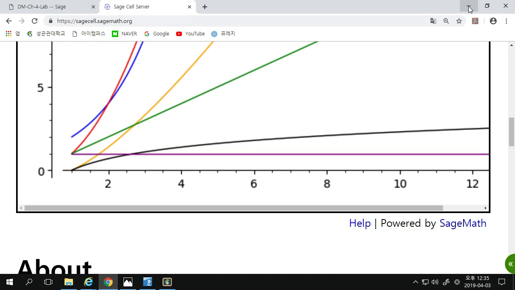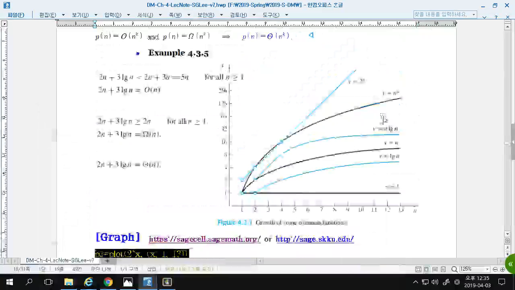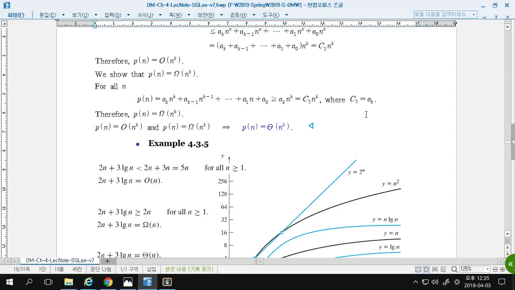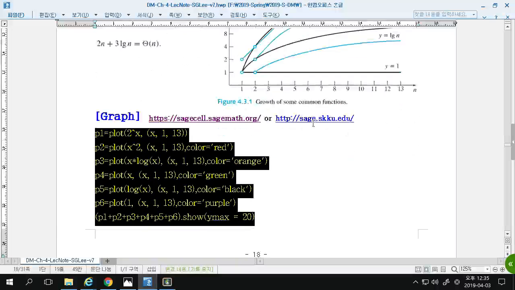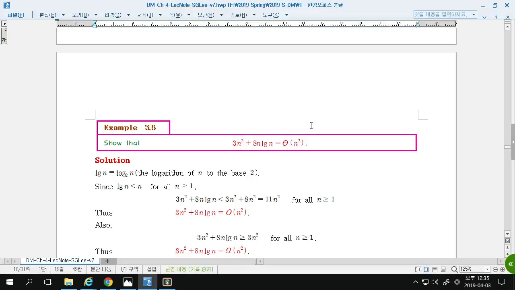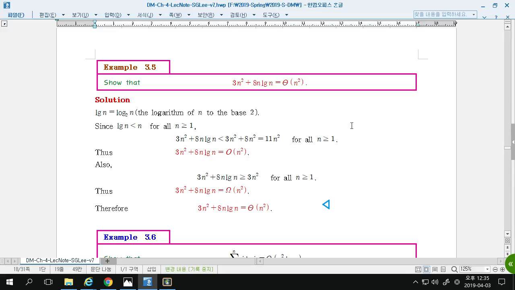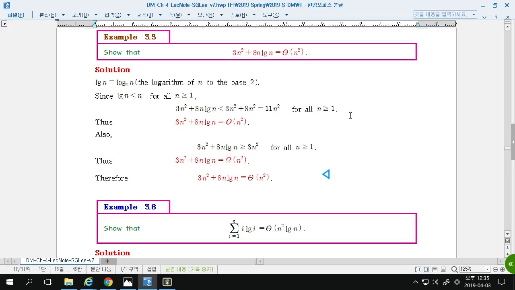That's the important thing. So you can give a starting point when you need to find this C2 or C1, for a sufficiently large number n0, for all positive integers. That's the way to show a given polynomial or function is big O, big theta, or big omega.